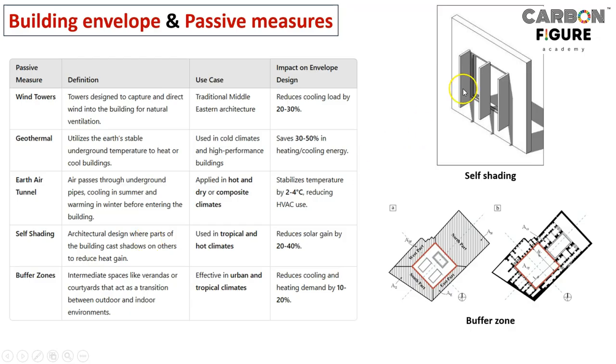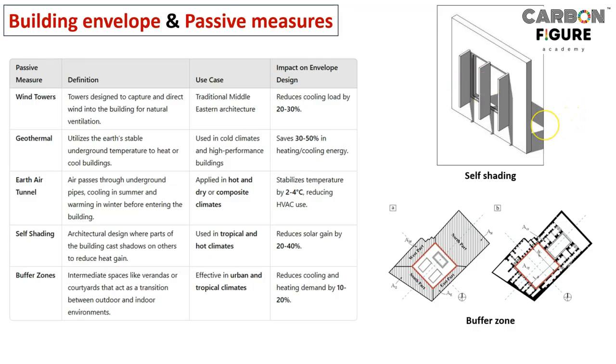Self shading is nothing but, this is a simple example: provide some design elements onto the external wall so that their shades or shadows fall onto the wall of the same element, right?